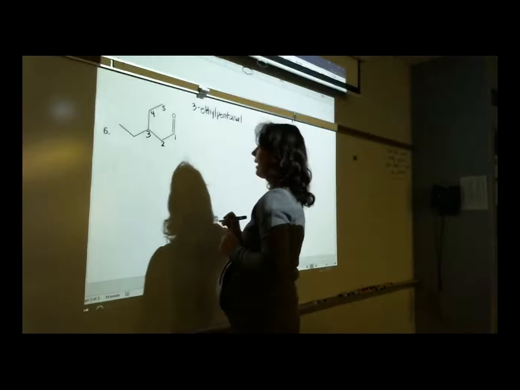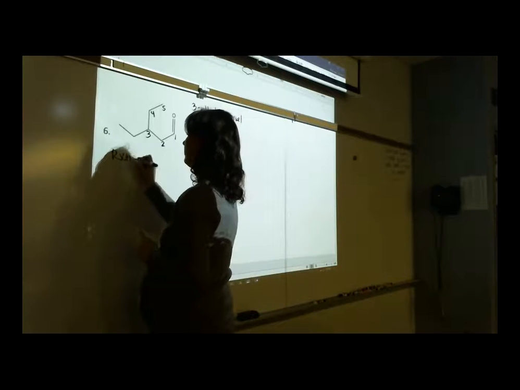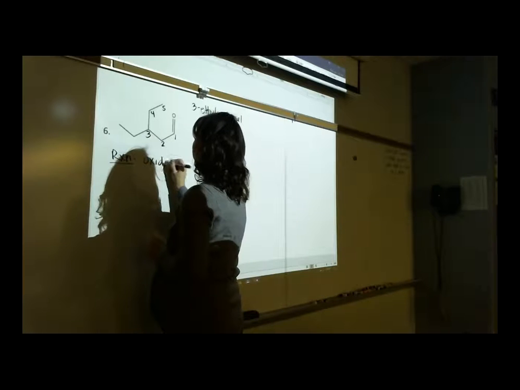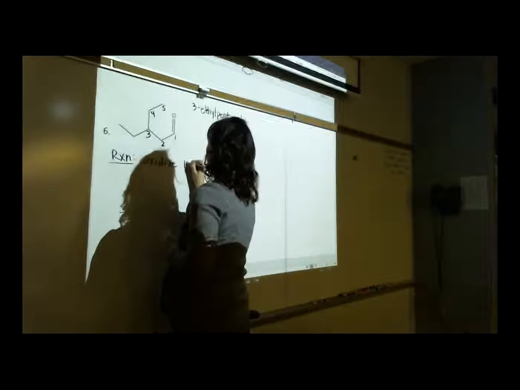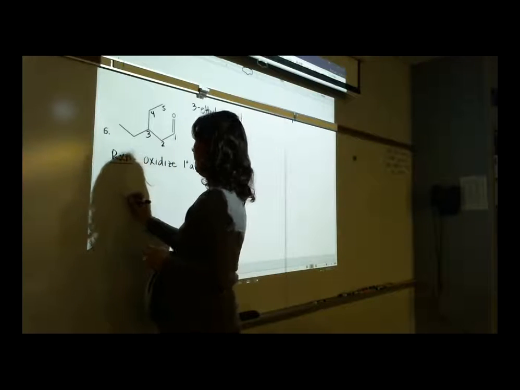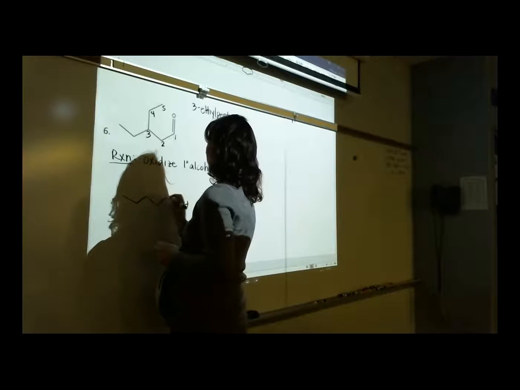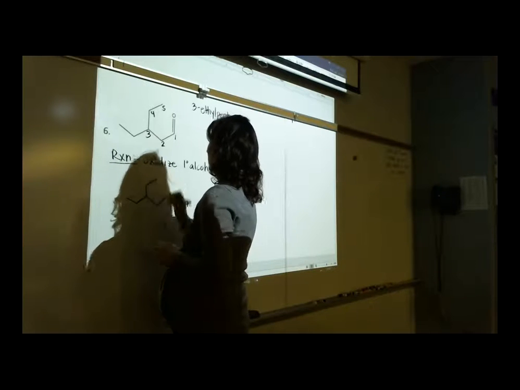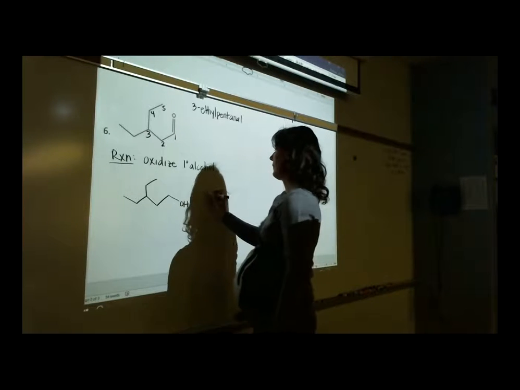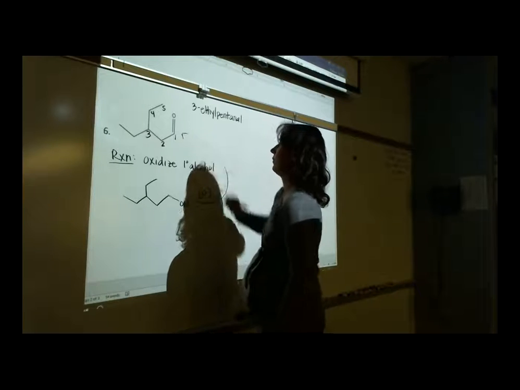And so how do you make an aldehyde? You oxidize an alcohol. Mm-hmm. So if you have this, is the reaction called aldehyde oxidation? Aldehyde oxidation, yeah. There you go.